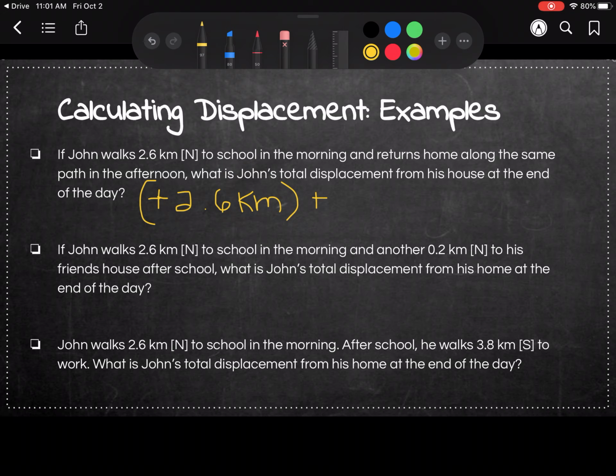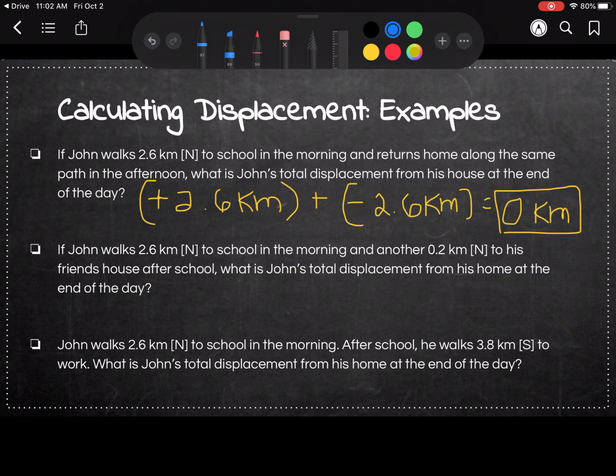Plus, he comes back the same path at the end of the day, in the opposite direction because he's going back south to his house. So if we add those two together, we get 0 kilometers. So his displacement is 0 because he started and stopped in the exact same spot.